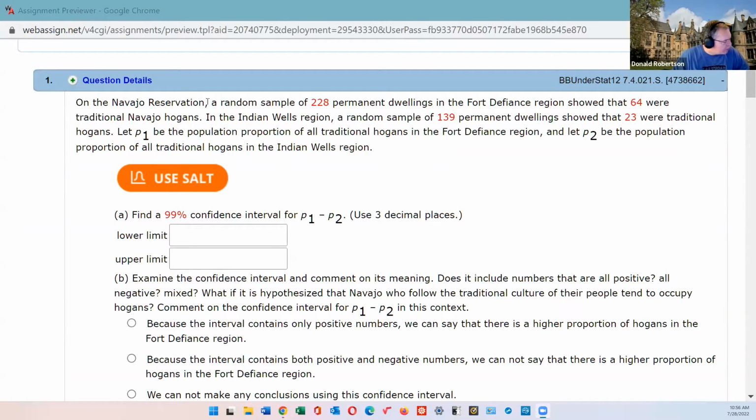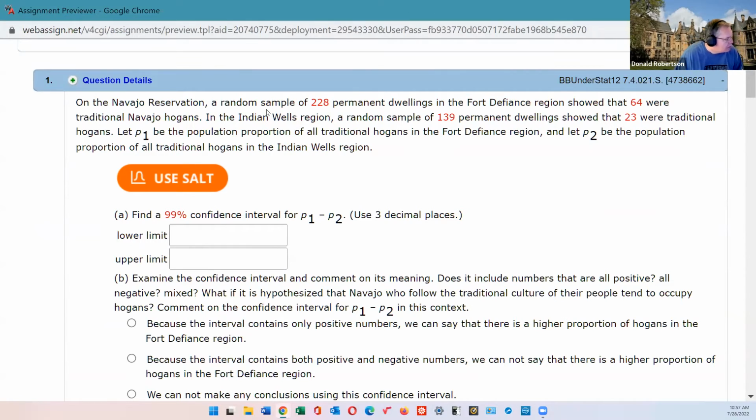On the Navajo Reservation, a random sample of 228 permanent dwellings in Fort Defiance region showed that 64 were traditional houses. Okay, so population 1 is going to be the traditional ones, and I'm going to call that 64 out of 228 houses.